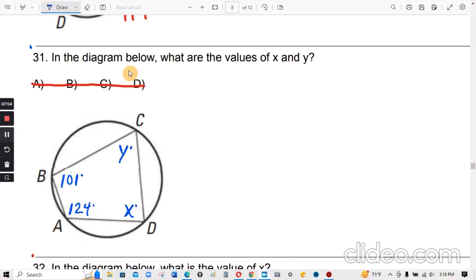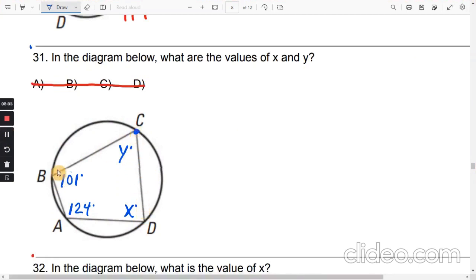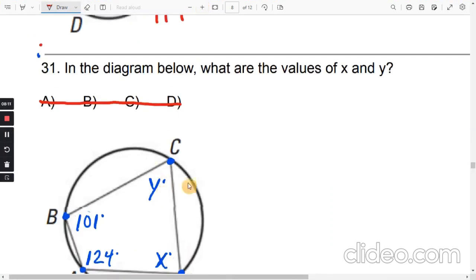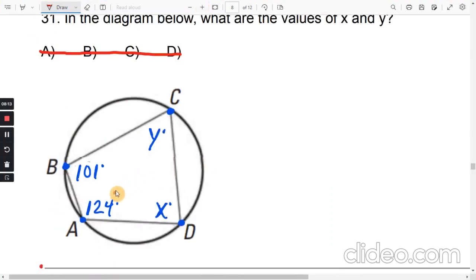In the diagram below, what are the values of x and y? Okay, so we have a quadrilateral inscribed in a circle. Each point of the quadrilateral is on the circle, so the angles across from each other are supplementary. If I go across, 124 plus y is going to equal 180.